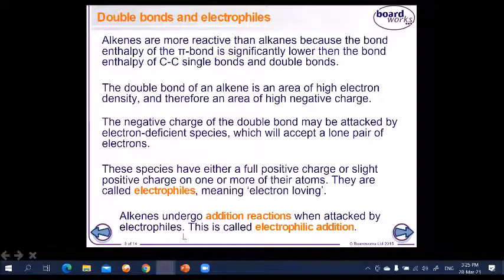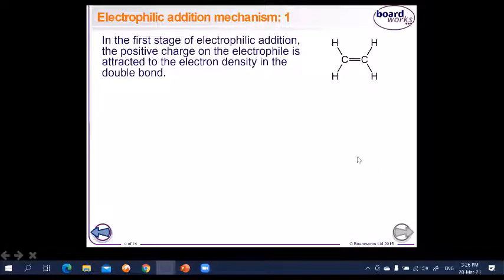And alkenes do go through addition reactions when they're attacked by these electrophile species. That is called an electrophilic addition reaction. Okay, so in this first stage of electrophilic addition, the positive charge on the electrophile is attracted to the electron density in the double bond.